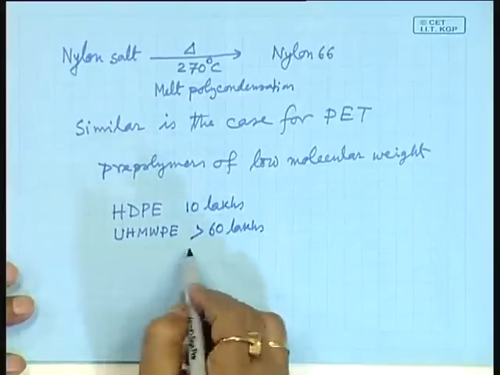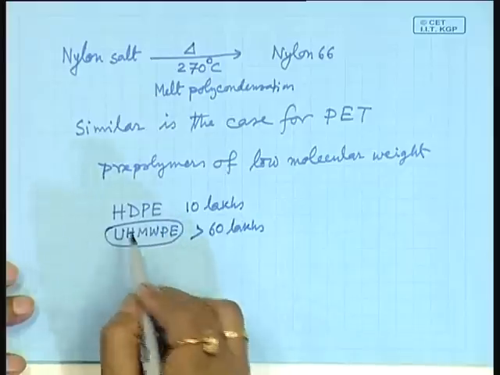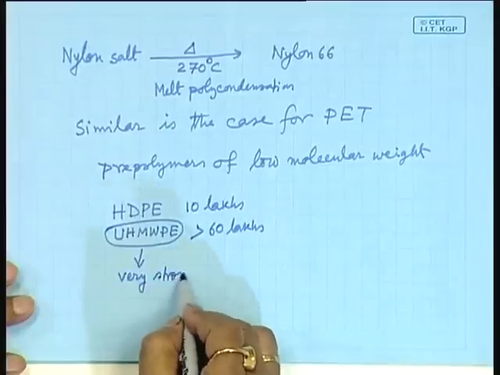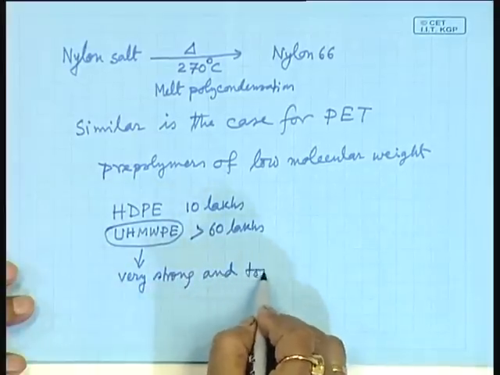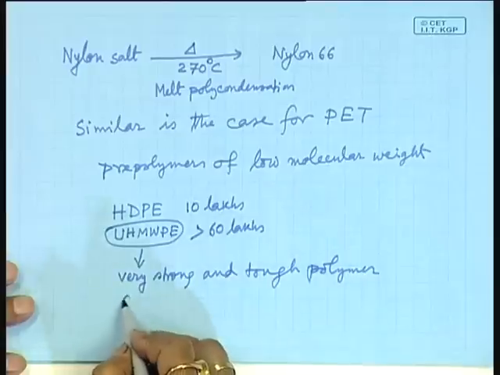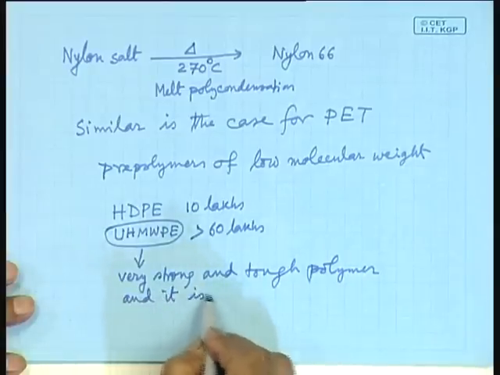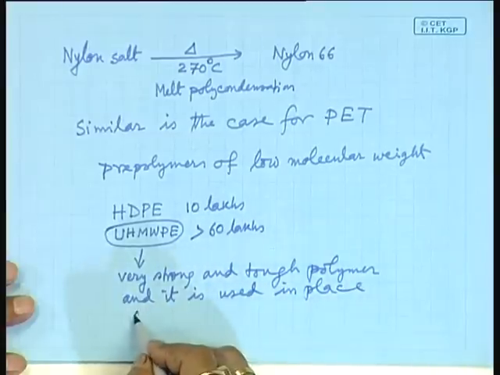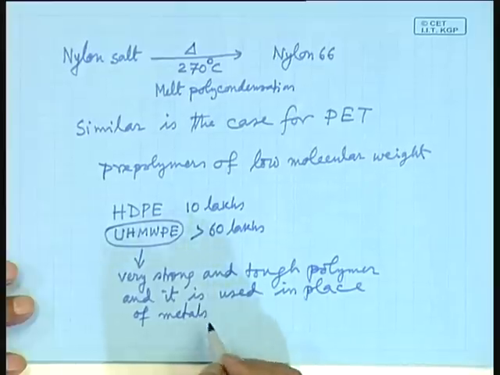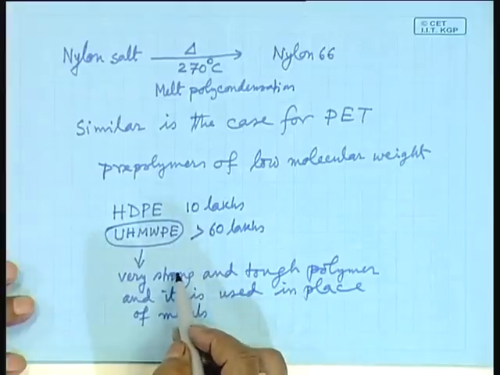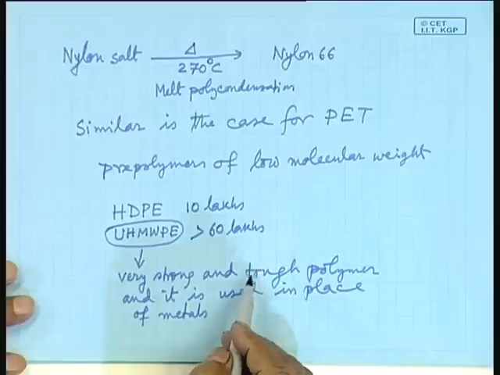Now, this ultra high molecular weight polyethylene is a very strong and tough polymer, and it is used in place of metals, in substitute of metals. It is very strong polymer, and that strength comes from this high molecular weight, and it is difficult to process also.